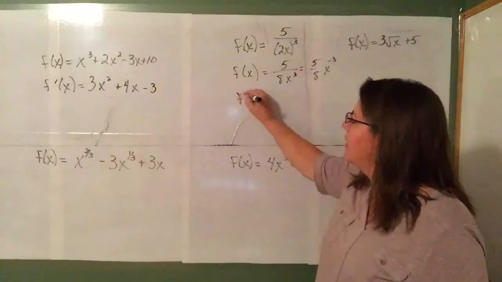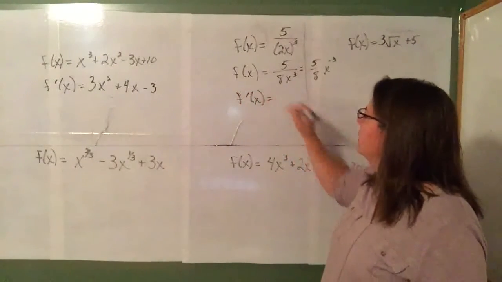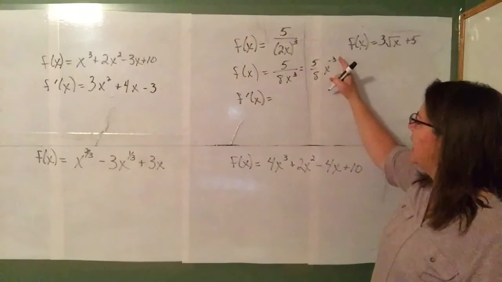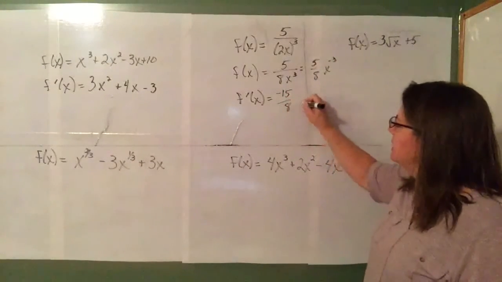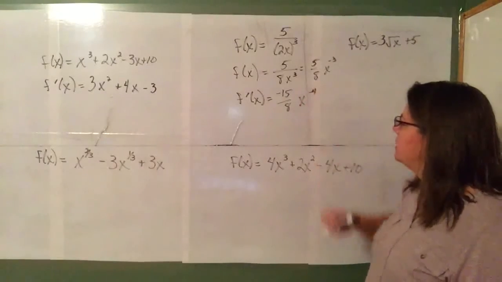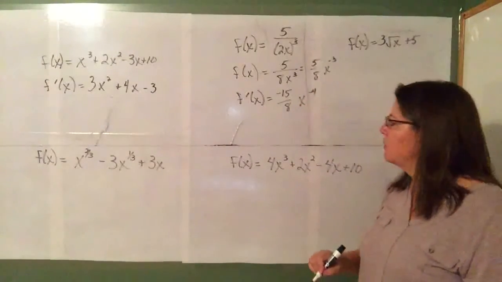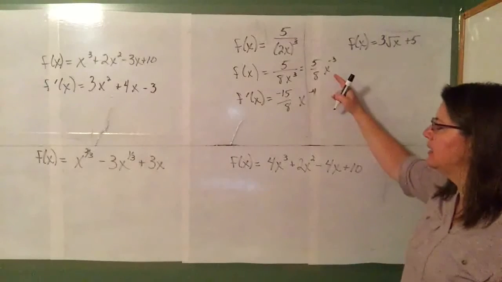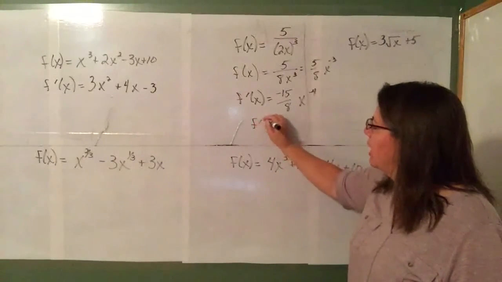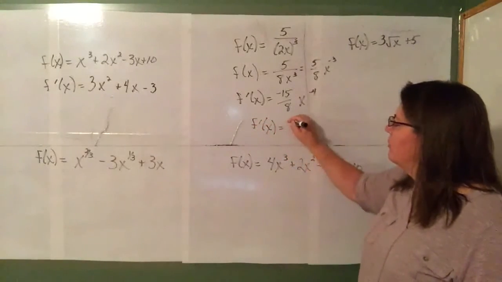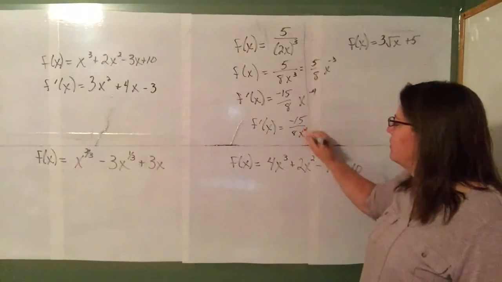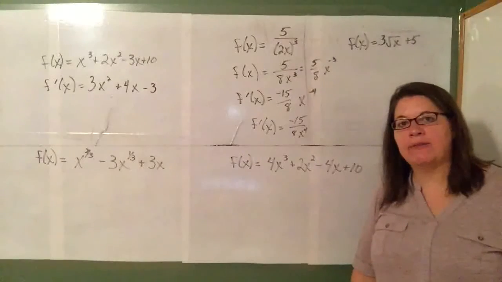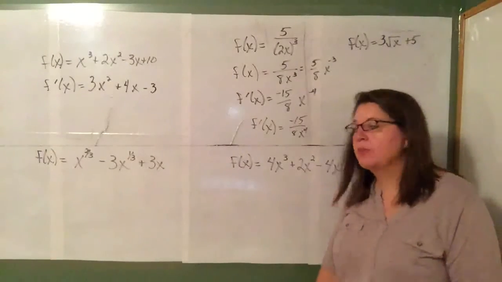So f prime of x, negative 3 times 5 is negative 15 over 8. And then that x is going to be to the negative 4 because we decrease the power by 1. And then we have f prime of x equals negative 15 over 8x to the fourth, because we can't have a negative exponent left in our answer.